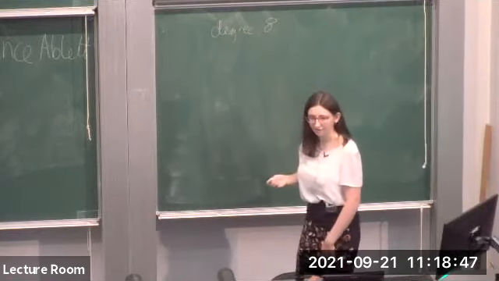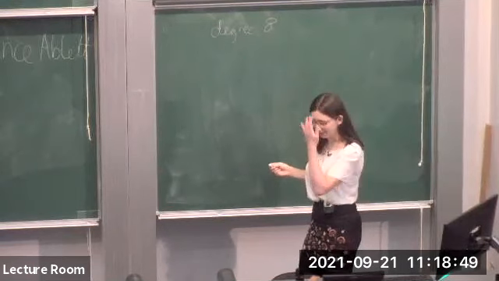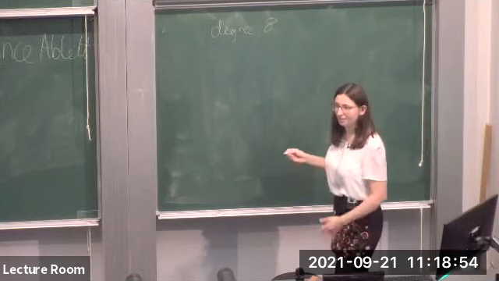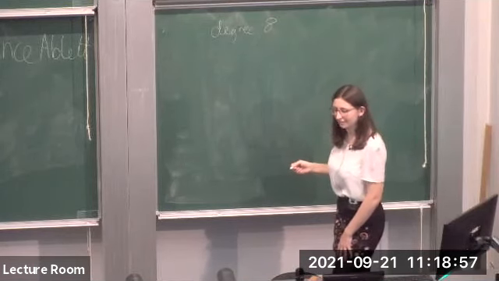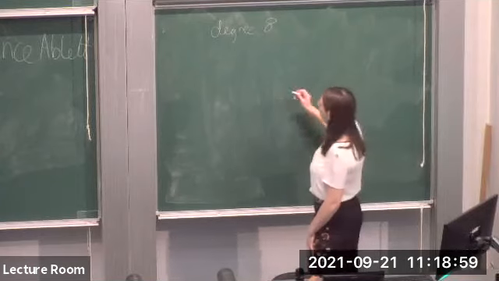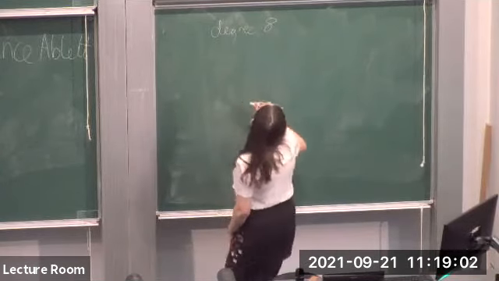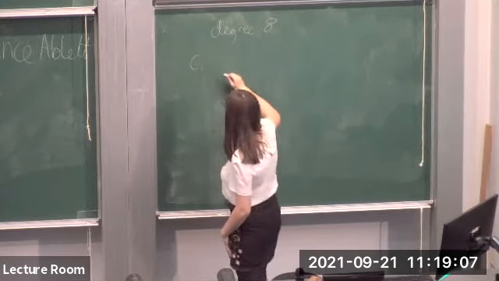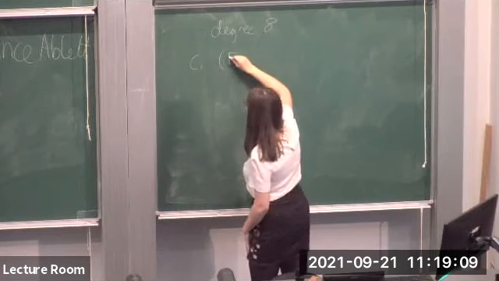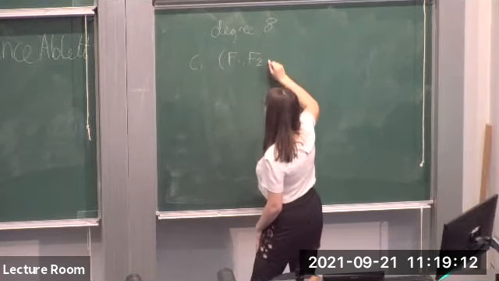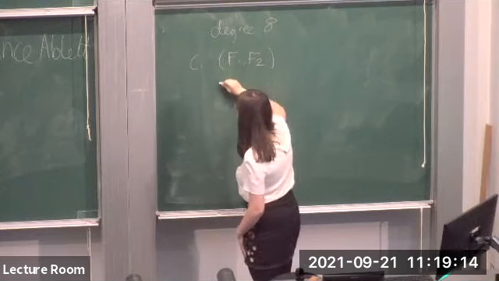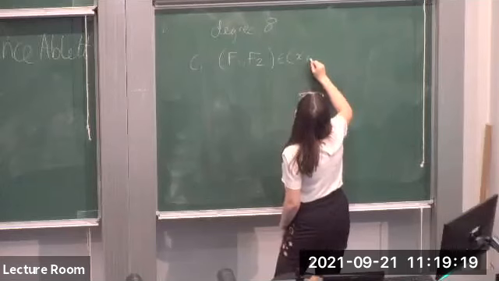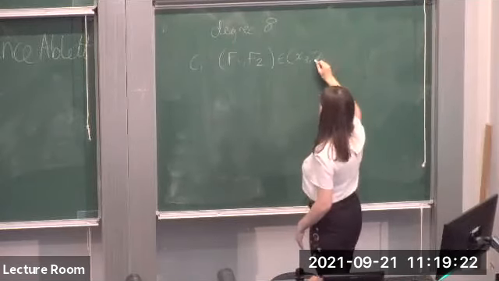We're going to define them again using this kind of liaison construction. Each one will be residual to a 3-3 intersection in P3. So our curve C1 will be residual to the intersection F1, F2, where these both lie in the ideal X3, X4.